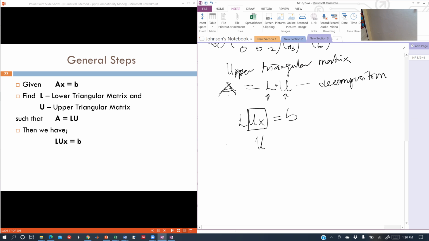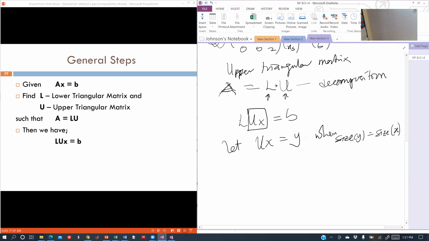We're going to let U times X be equal to a certain Y, where the length of Y is equal to the length of X. So you choose any unknown vector whose size is the same as the size of X, and set UX to be equal to that.